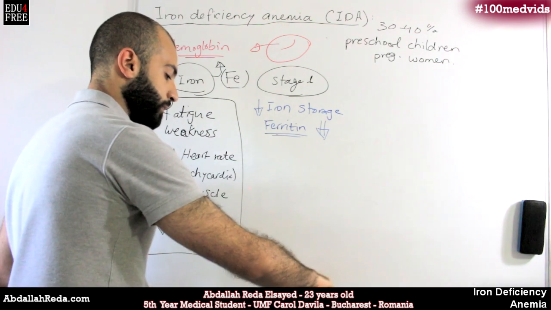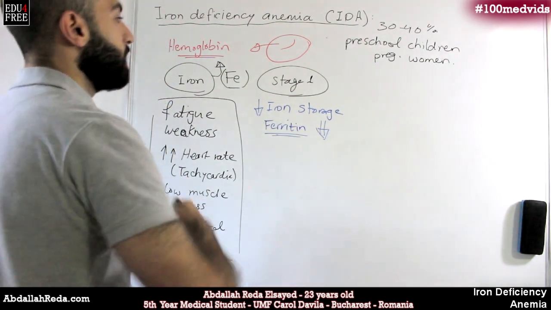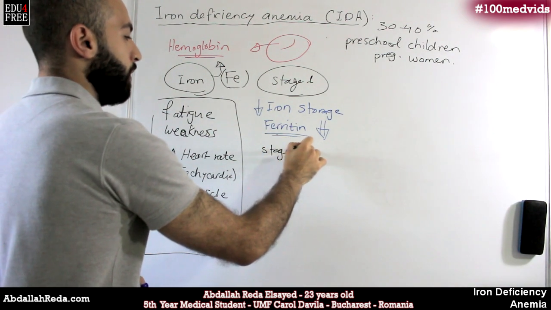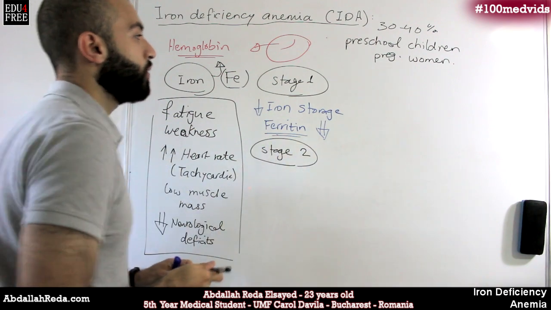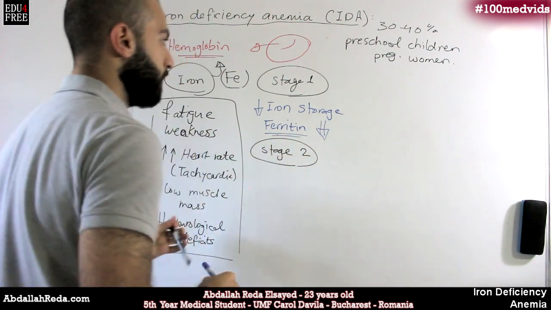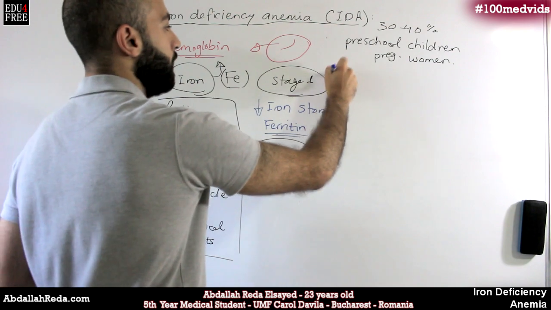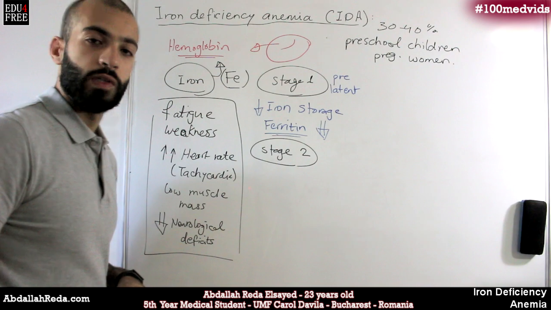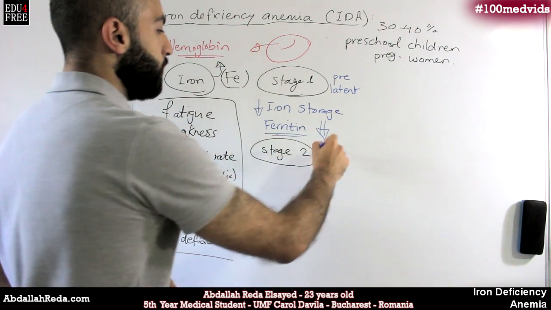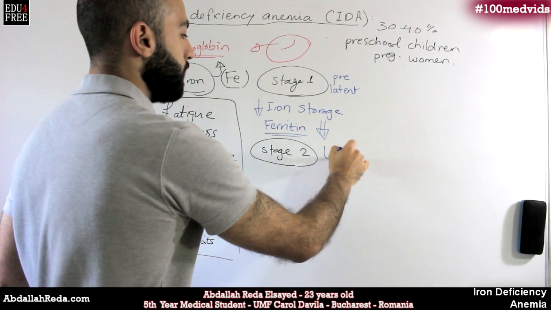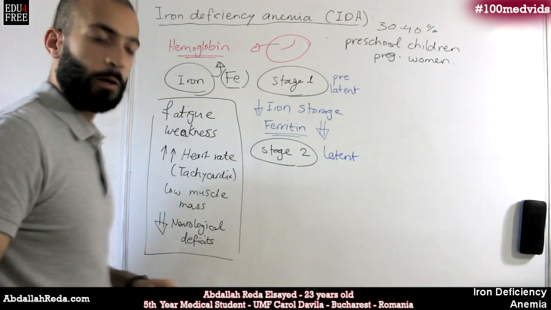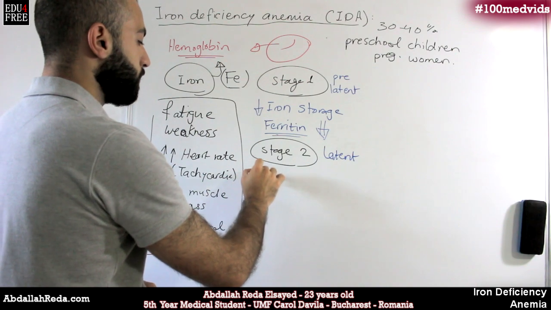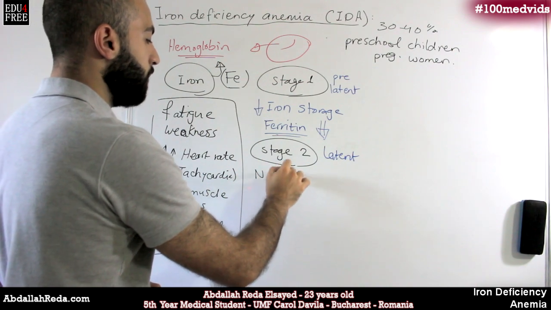After that, we have stage 2. Stage 1 is called pre-latent stage, so this is pre-latent iron deficiency anemia. Stage 2 is called latent stage, where we have normal levels of hemoglobin.